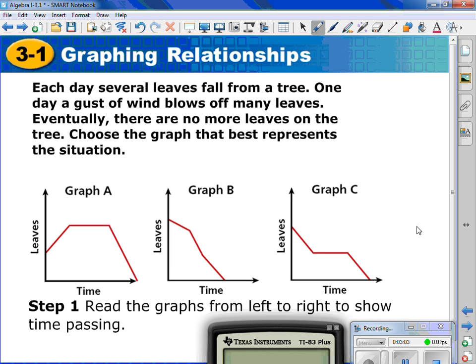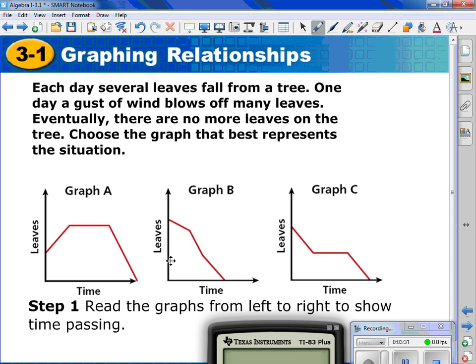Now, looking at this, you can look at it this way. This one here doesn't make sense. Does anyone know why? It gains leaves. How could a tree gain leaves? Okay, it's growing leaves, then it stays the same, then they fall off.